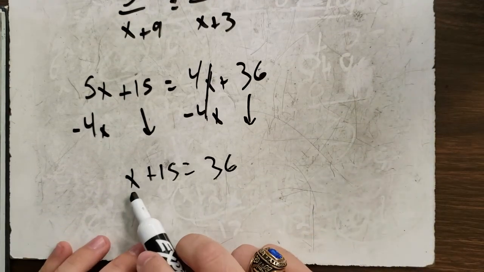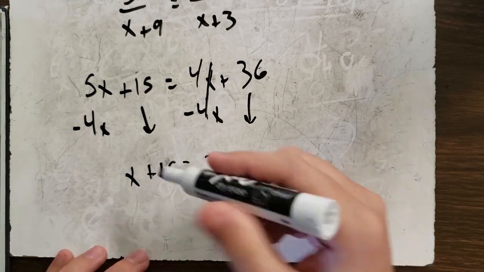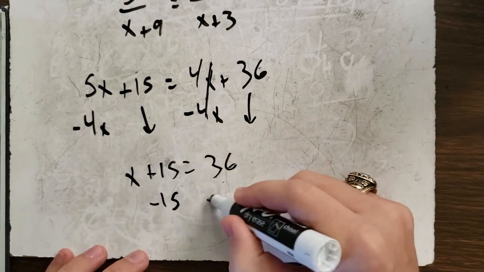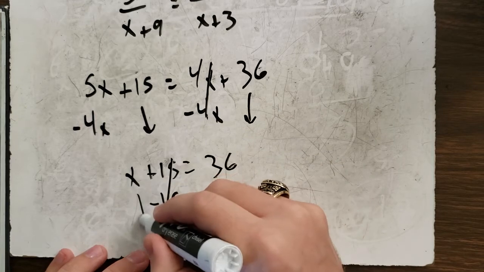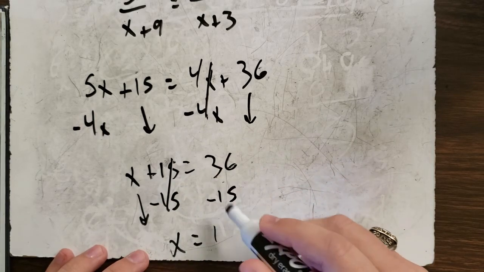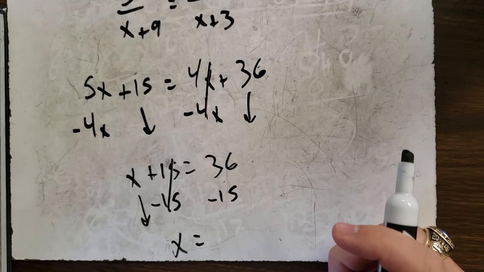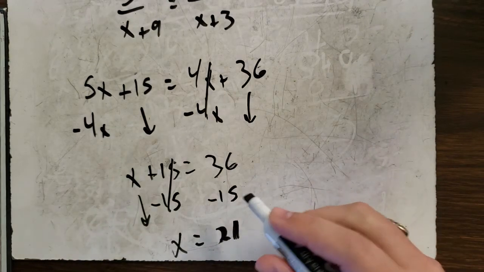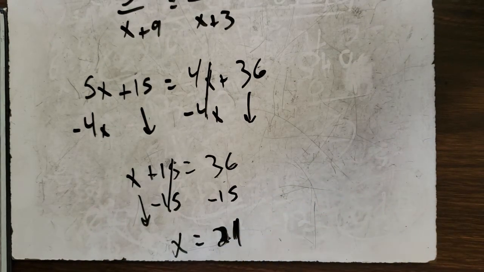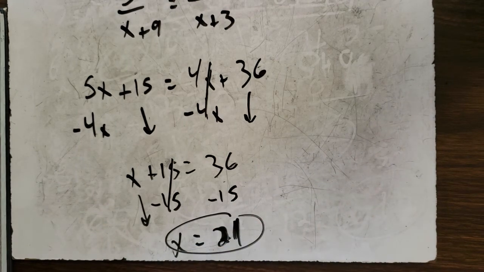Now, our x is chilling here, so we have to move our 15 to the other side. It's plus 15, so do the opposite on both sides, minus 15. Bring down your x, and x equals 21. 21 is our answer for this problem.